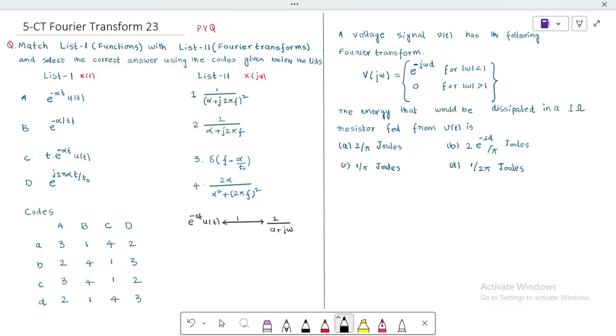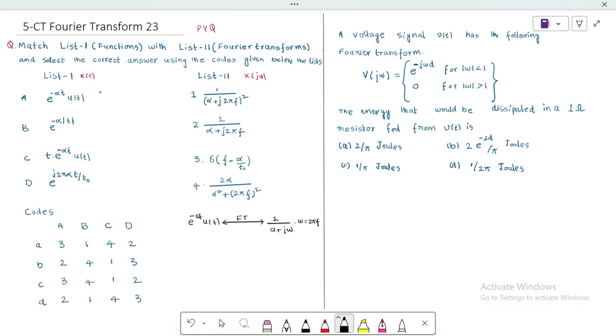So for a, where is the answer? This is alpha, 1 by j omega. Here this omega is an angular frequency, f is a linear frequency, that's omega equal to 2 pi f.